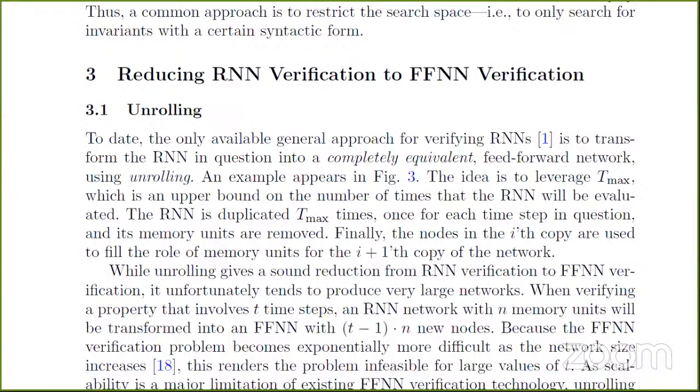Since you mentioned that Q is intended to be the negation of the property, what you really are trying to prove is that for every time step, the accumulated value is less than or equal to 15, correct?